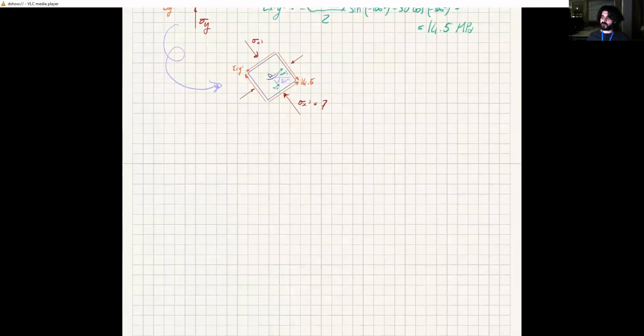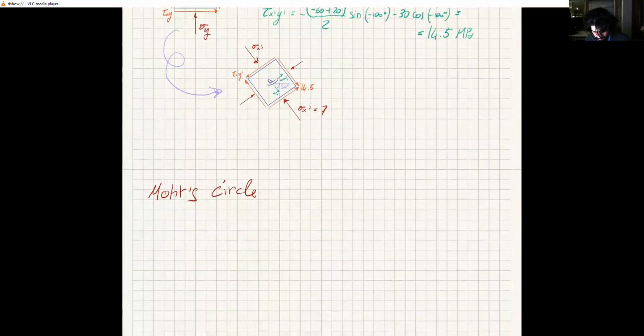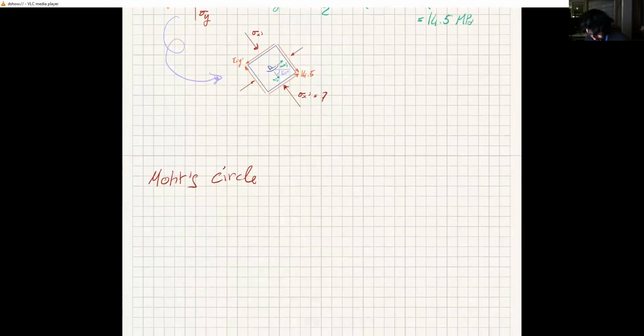Now, before I leave you, I want to discuss the Mohr circle. The Mohr circle is just the graphical representation of these equations, and you can draw the Mohr circle by just following these simple steps.